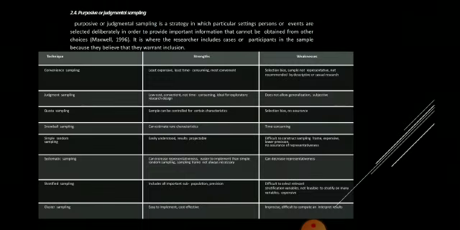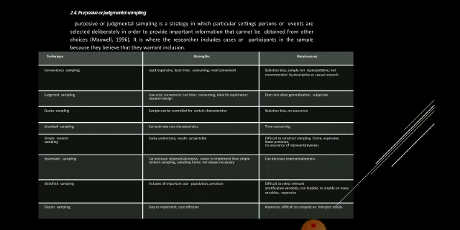Next method, judgmental sampling. It is also called purposive or judgmental sampling. It is a strategy in which particular settings, persons or events are selected deliberately in order to provide important information that cannot be obtained from other choices.